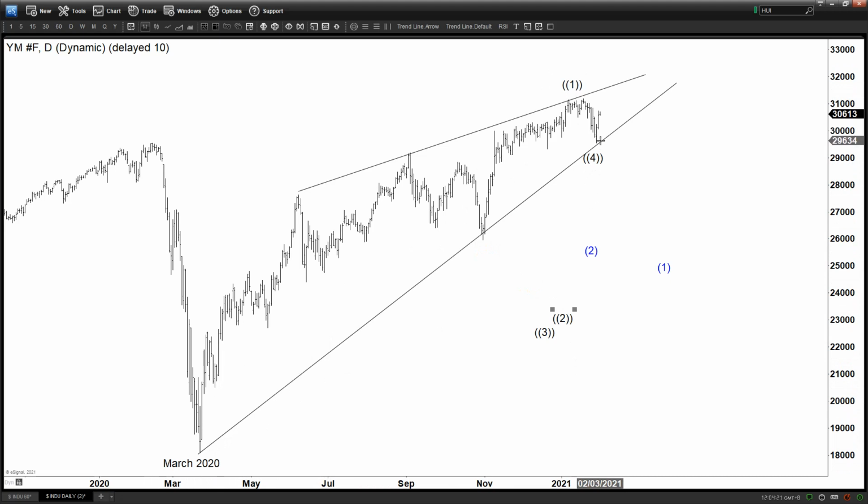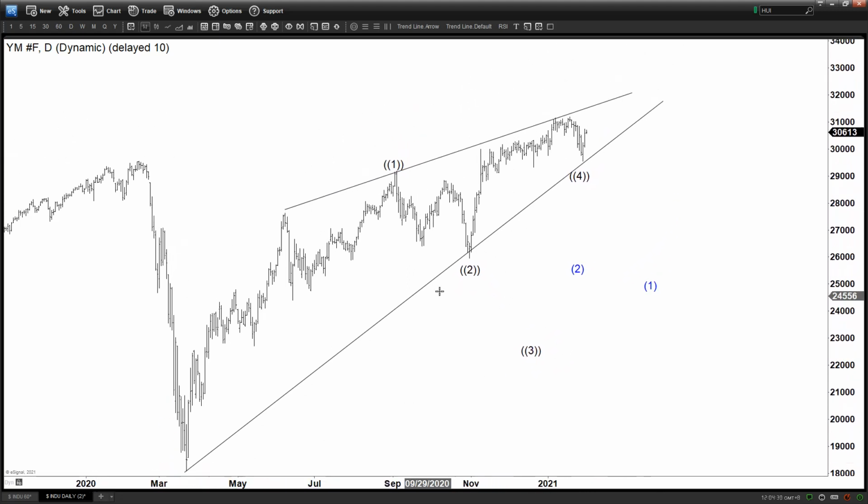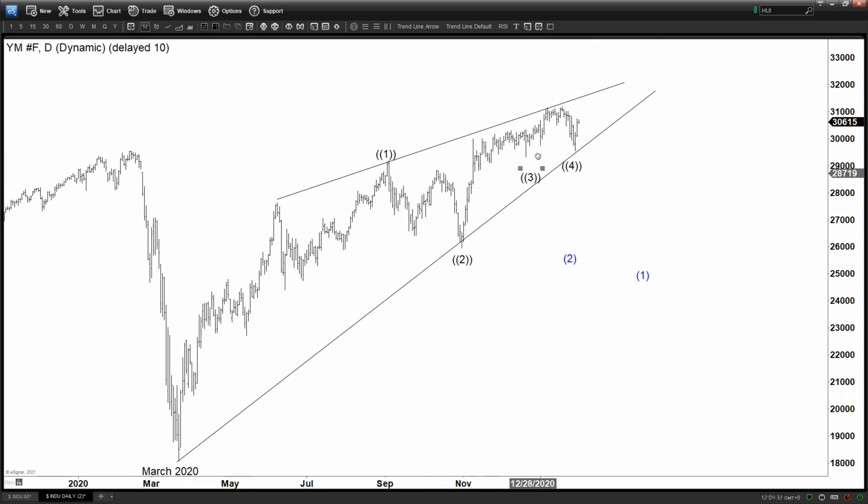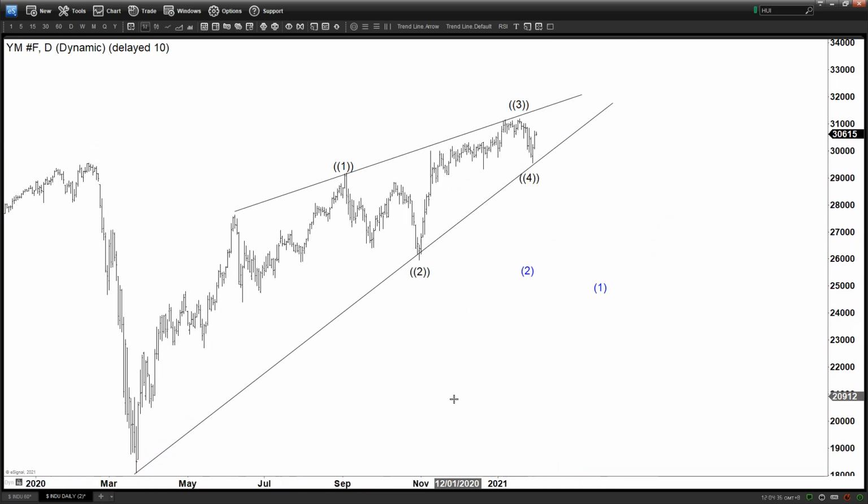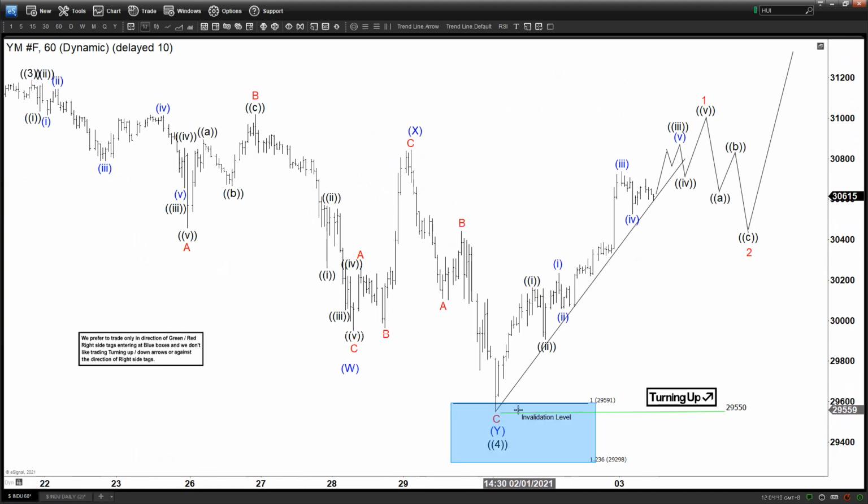If it breaks below the previous low, it will also more or less be breaking the ascending trend line, so there's a good chance we might be finishing this cycle already. Okay, so that's the update for today, guys.